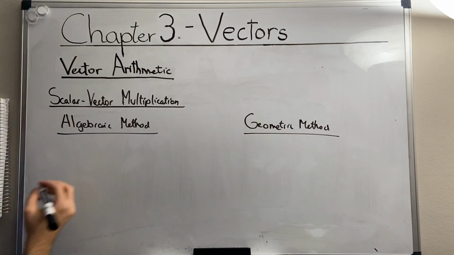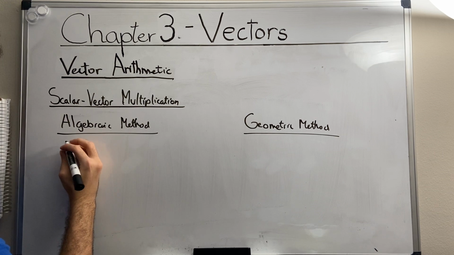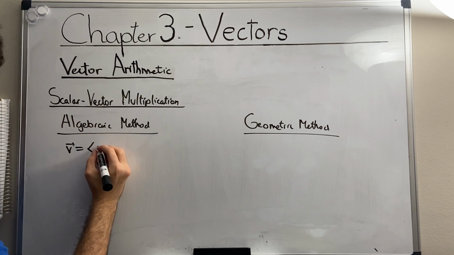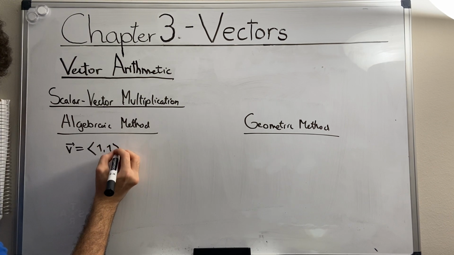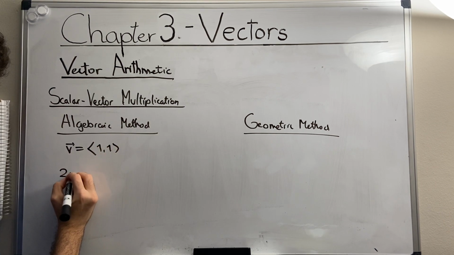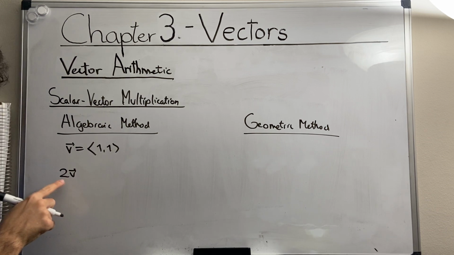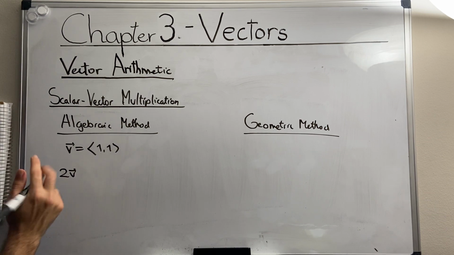Okay, so when we're doing the algebraic method, if we take, say, V of 1, 1, and we want to multiply it by 2, right? We're multiplying by a scalar. Well, the vector is multiplied by a scalar of 2.